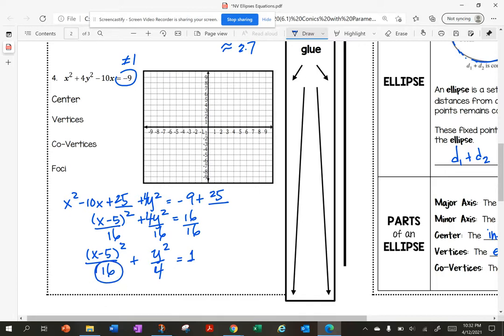So my larger number is 16, so I know I have a horizontal ellipse because my larger number is under the x coordinate. So a is 4, b squared is 4, so b is 2. My center is at 5, 0.